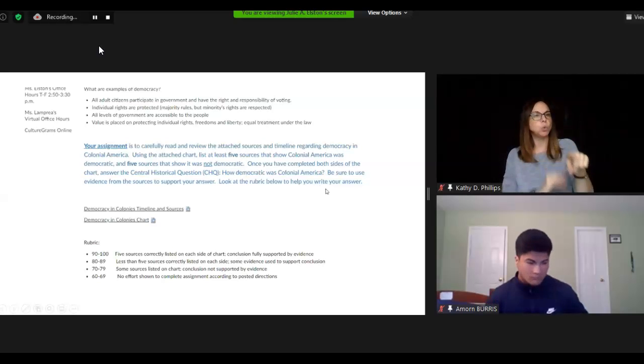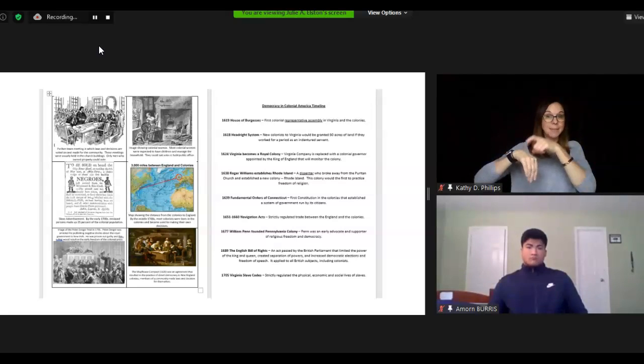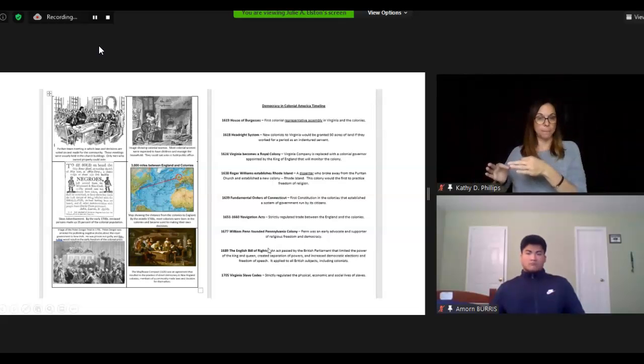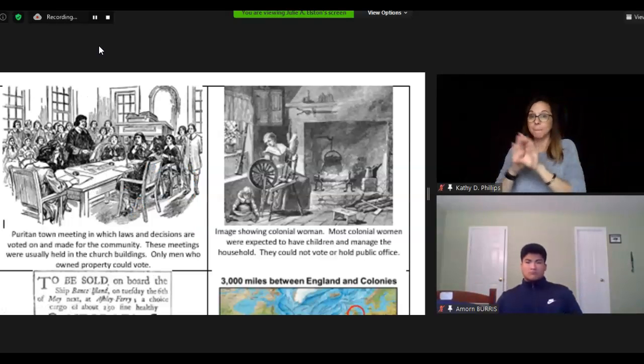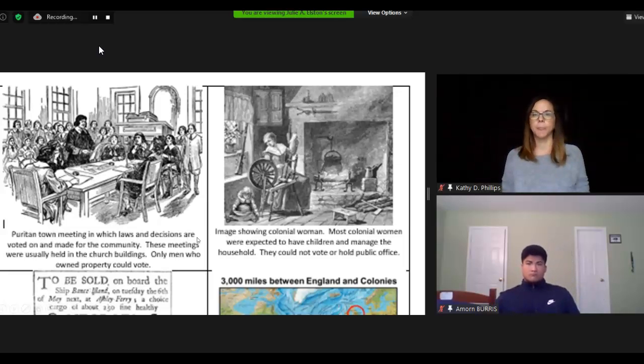So let's take a look at those documents. When you open up the timeline and the sources, you'll have 2 pages. One is a page of pictures with a description, and the other is a timeline of events. If we focus in on those first 2 pictures, take a look at these first 2 images. Read those captions for me.